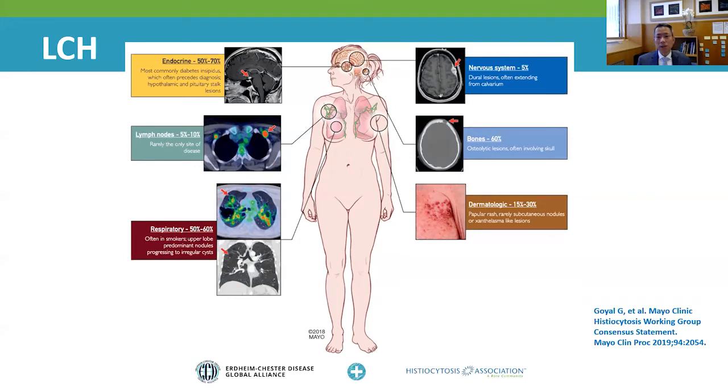The skin lesions, xanthelasma around lesions, yellow patches around the eyes, we also see in LCH. And certainly in younger patients, especially in pediatrics, we see papular rashes as well.